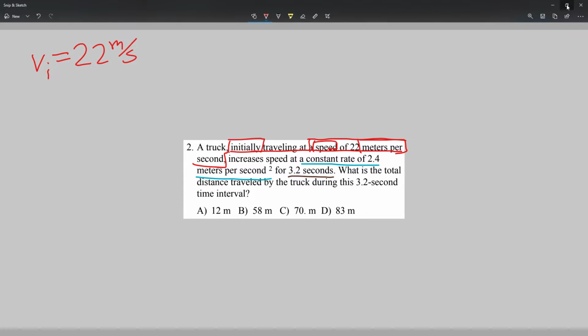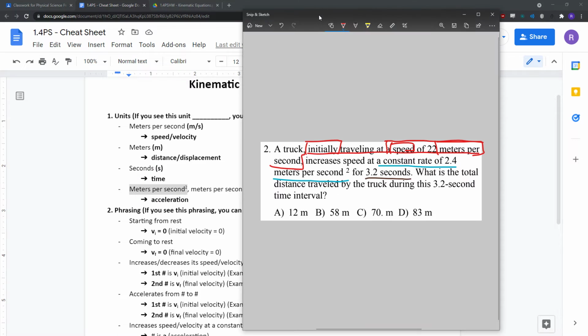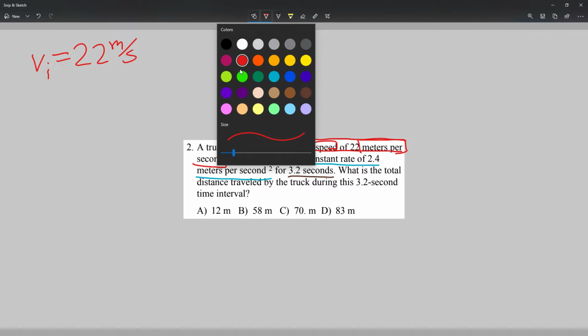You see this unit here, meters per second squared. Meters per second squared is a unit for acceleration, right? And also that's what constant rate means. Constant rate is acceleration.